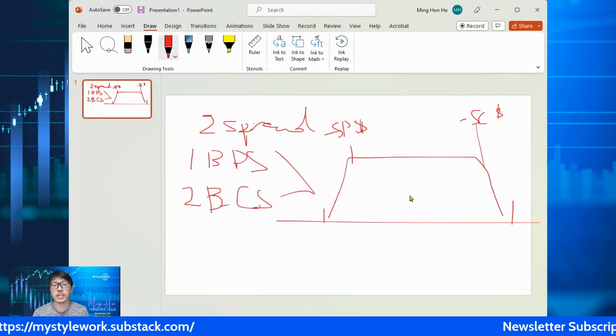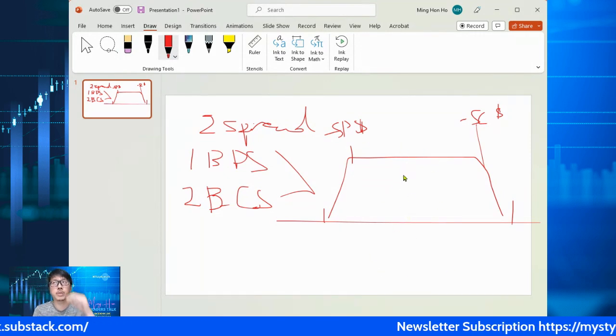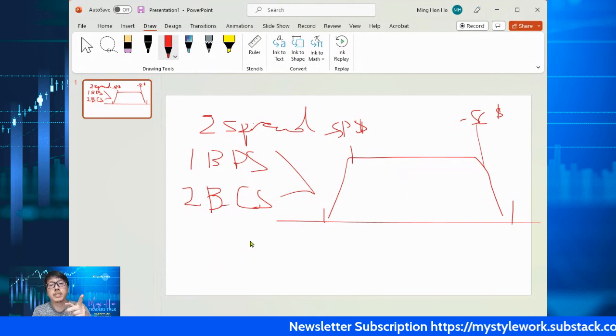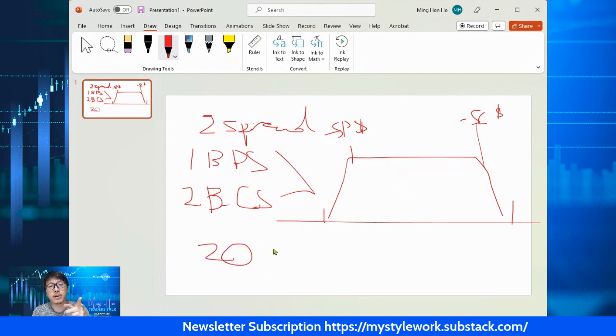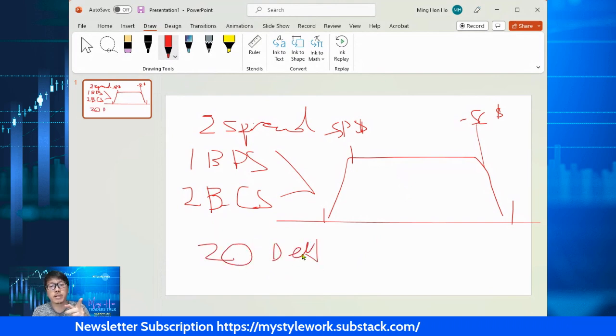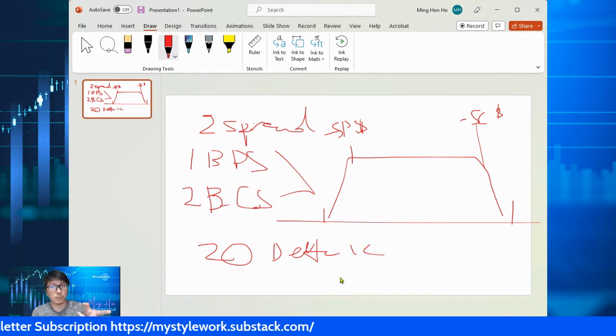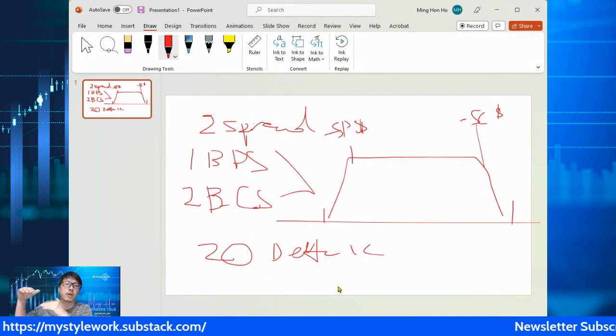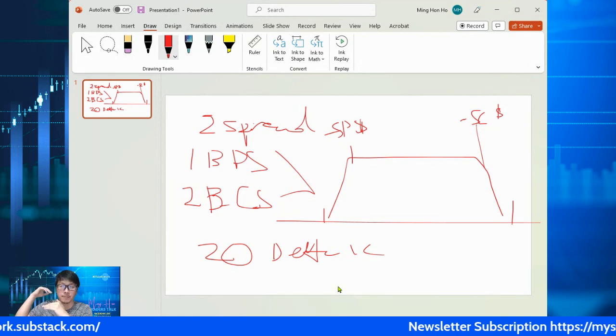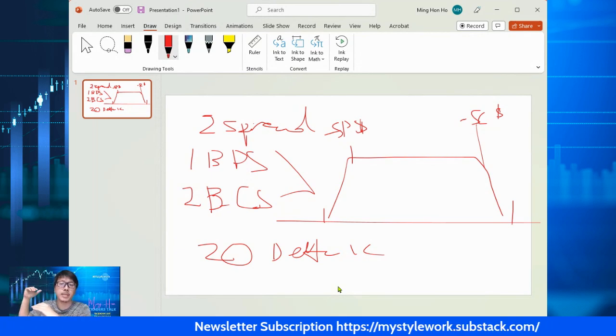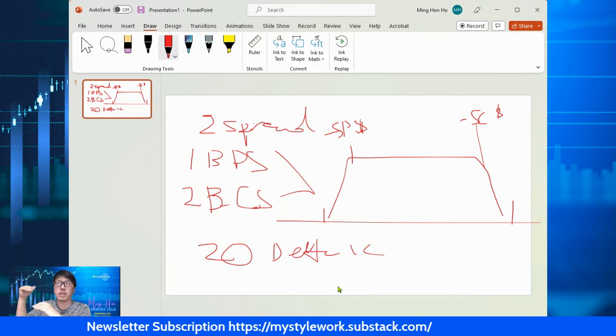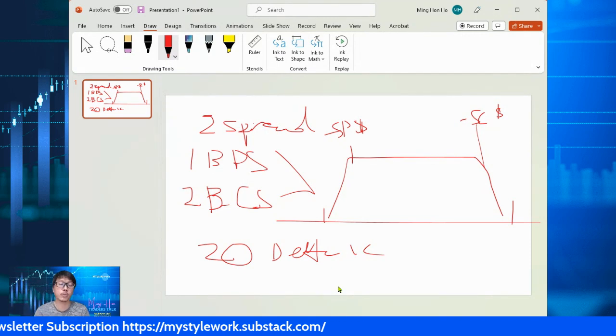So when you enter an iron condor, let's say you do a 20 delta iron condor. 20 delta means that the short strike of the put spread is at 20 delta, and the short call is also at 20 delta.